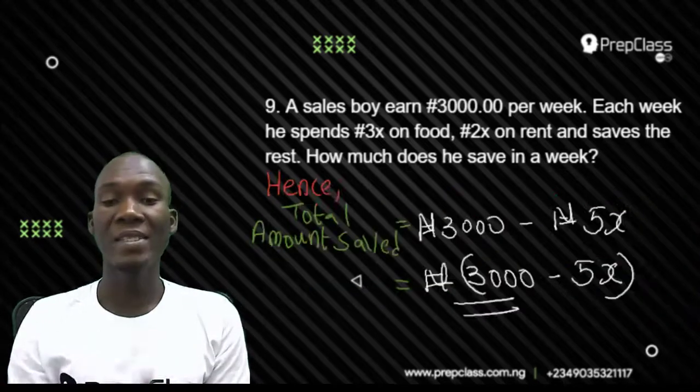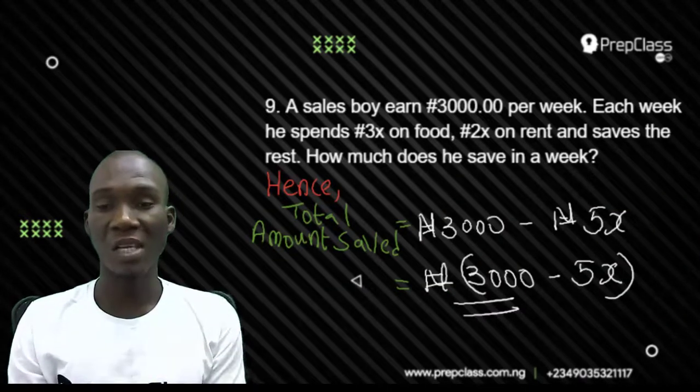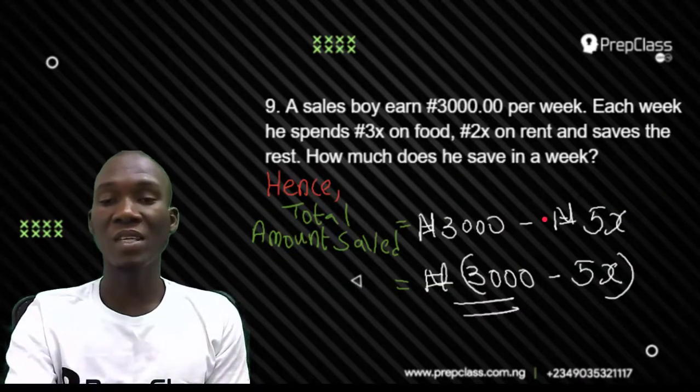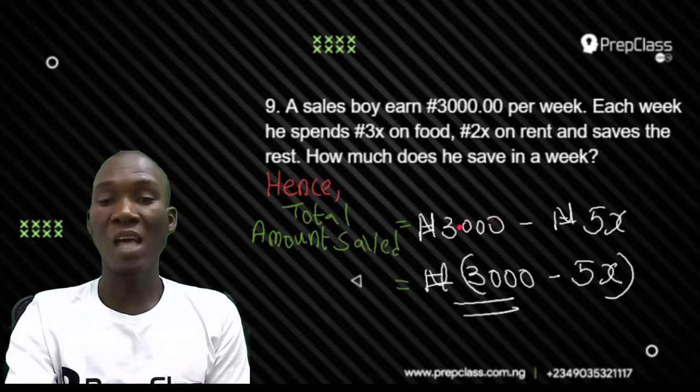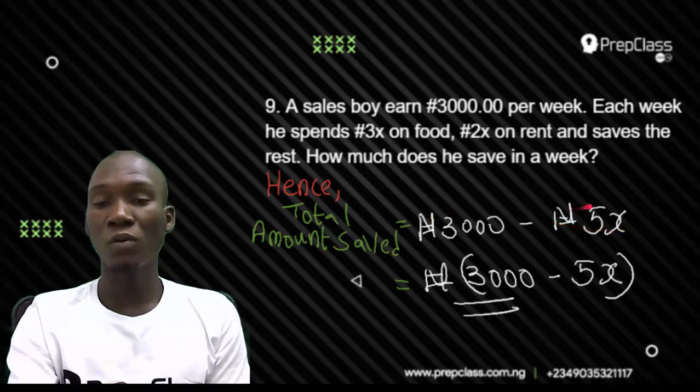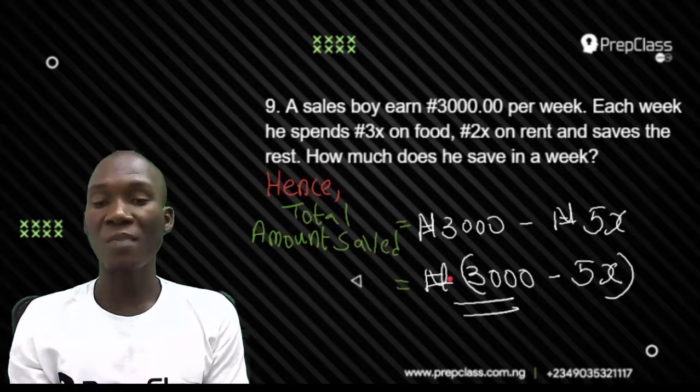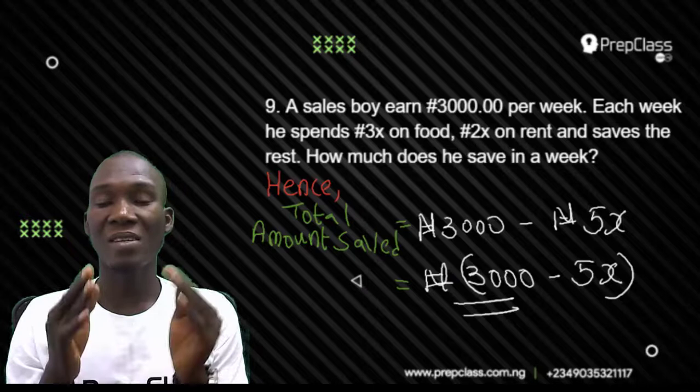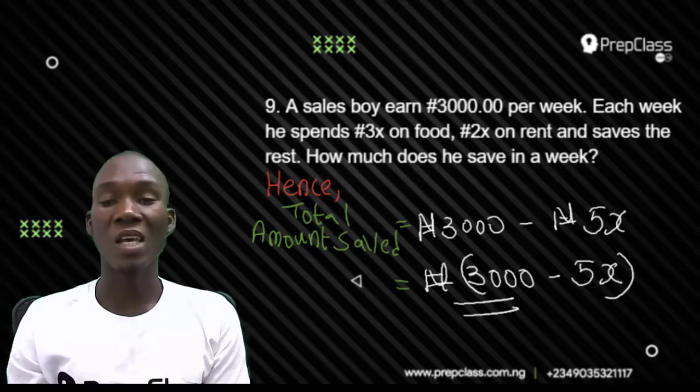So we can calculate the total amount saved. Now the total amount saved is 3,000 naira, which is the amount earned, minus 5x naira, which is the amount spent. Now if we do our calculation, we cannot subtract directly. So what do we do? We simplify by leaving our answer as 3,000 minus 5x naira, which is the amount saved by the sales boy.